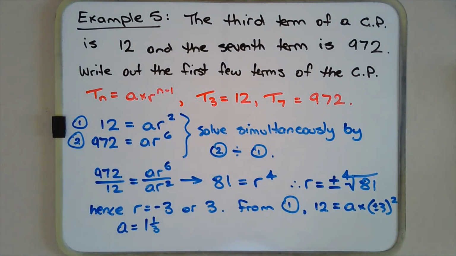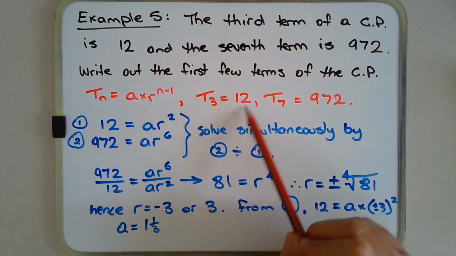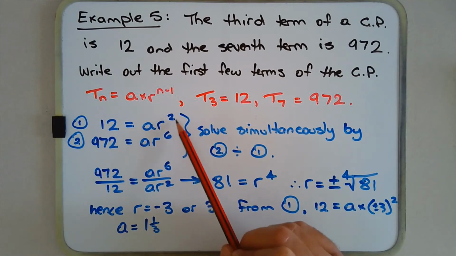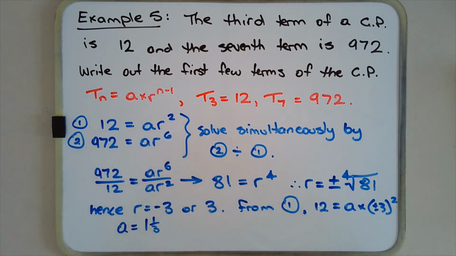So the strategy here is to form two equations using this formula and then solve them simultaneously for a and r. So using T3 equals 12, 12 is equal to a r to the power of n minus 1, so n minus 1 in this case will equal 2, and our second equation will be 972 is equal to a r to the power of 6, so 7 minus 1 gives us 6 there.